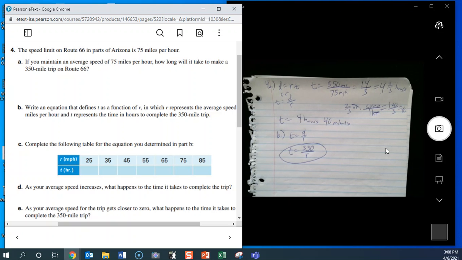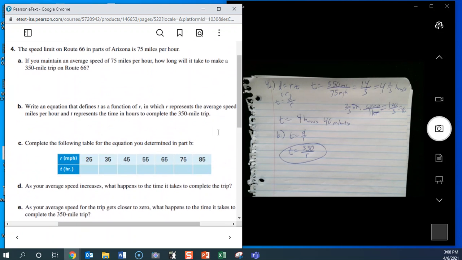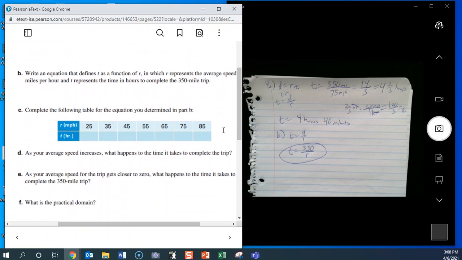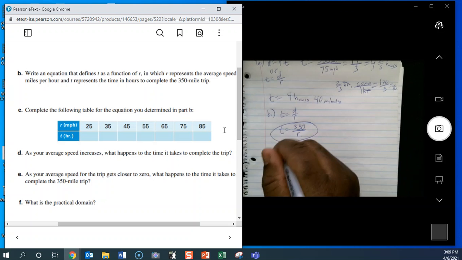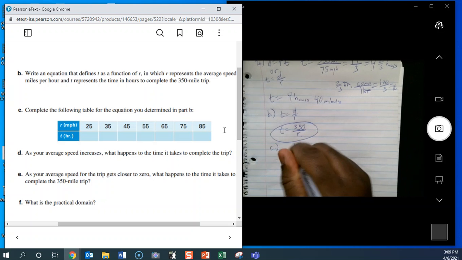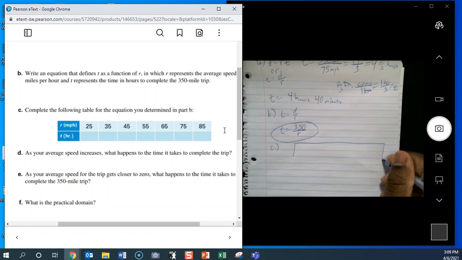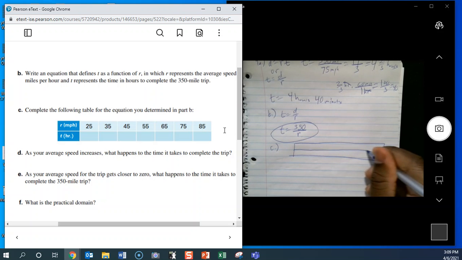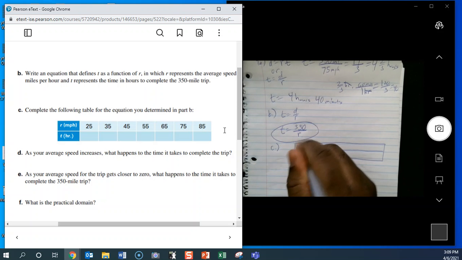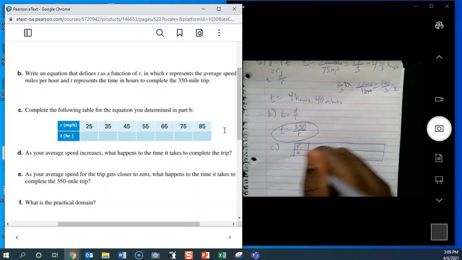Now we come into C. It says complete the following table for the equation you determine in part B. So we have 350 over r. So now let's take this table. We know this is r, this is t.